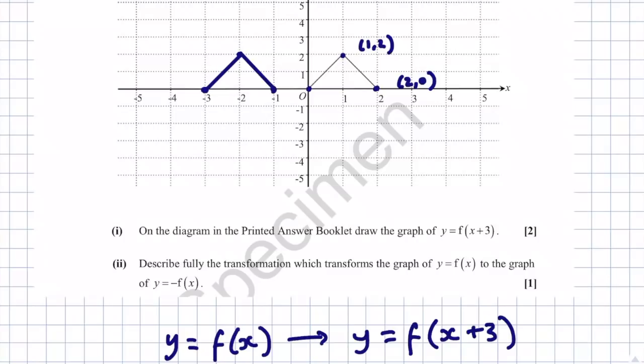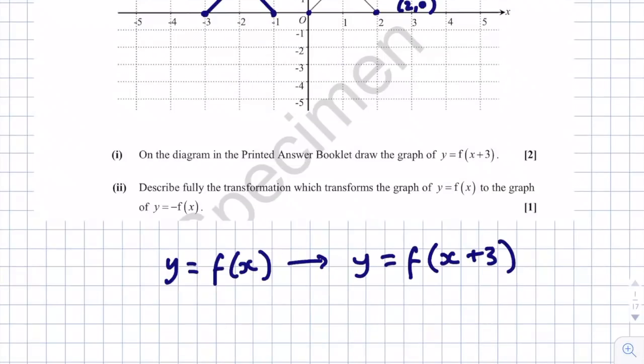Because what's going to happen is, if you think about it, for any graph, all of our x values are going to stay the same, but when we input any x values into this function, our y values are all going to become negative. So in order for that to happen, there must be a reflection in the x-axis.